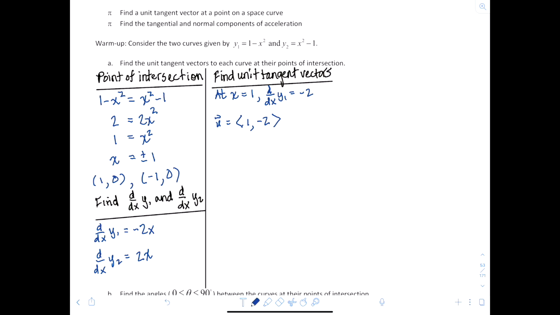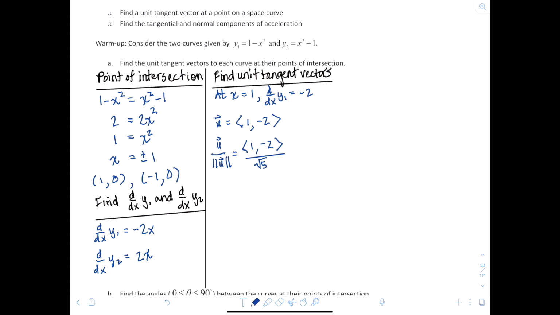And u over the magnitude of u is going to be 1, negative 2, and then 1 squared plus negative 2 squared under a square root gives us root 5.